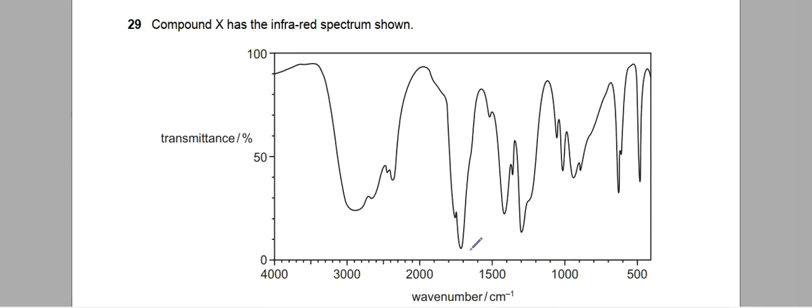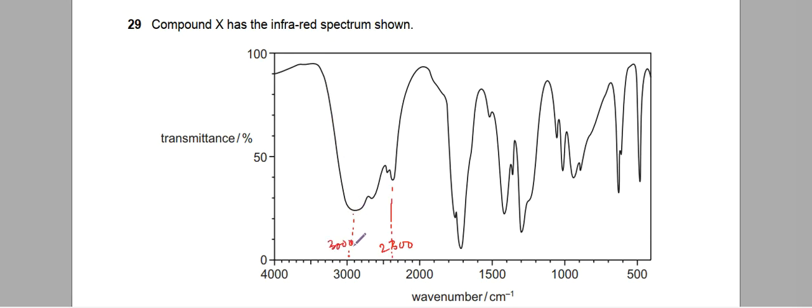Okay, so this one is about the interpretation of the infrared spectrum. If you refer to the wave number table, you will find that this is corresponding to, around 2300 to 3000.